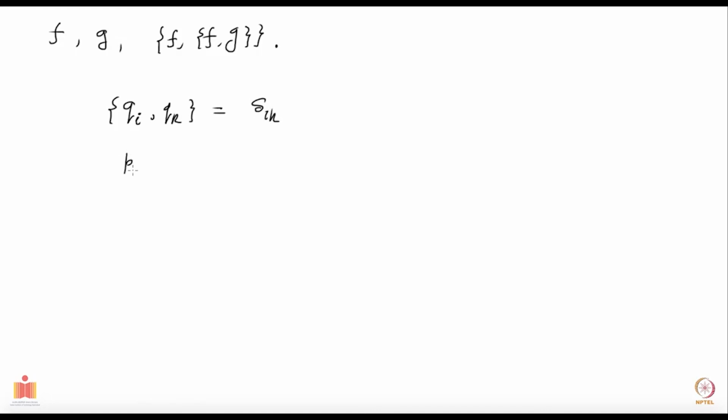Similarly, if you construct pi with pk, you get again delta ik. So unless the two coordinates in this Poisson bracket are the same, you get a 0. If they are the same, you get 1.